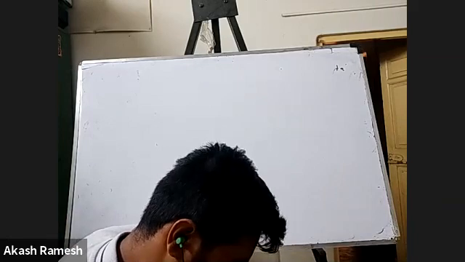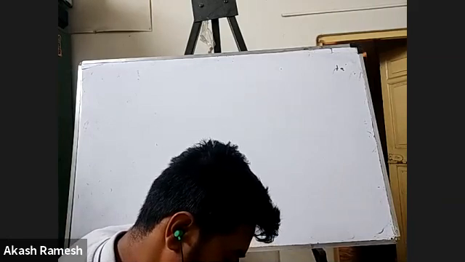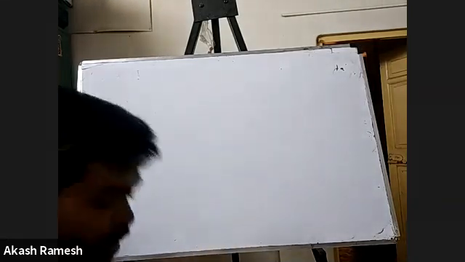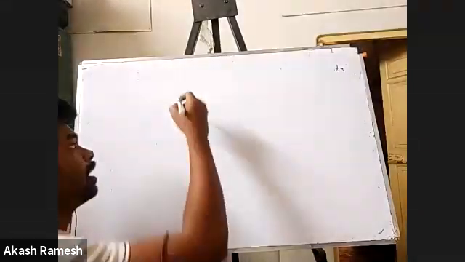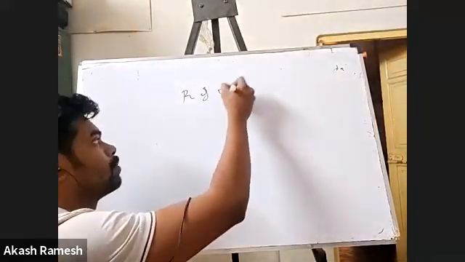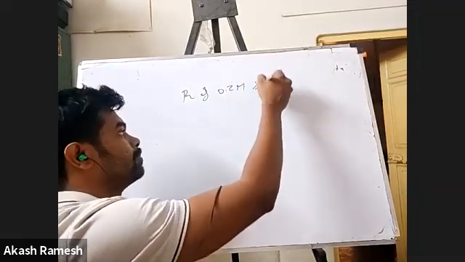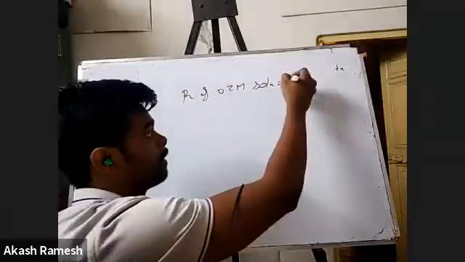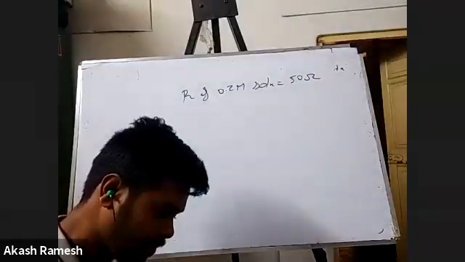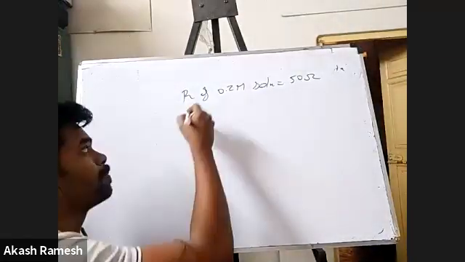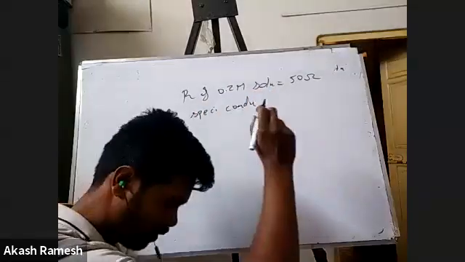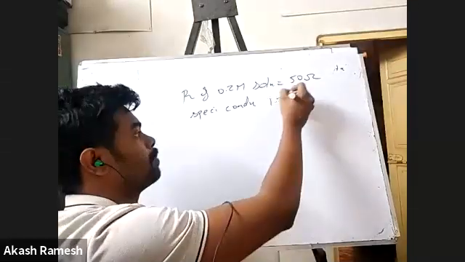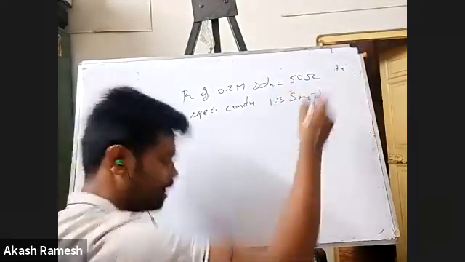Okay, take down the question. Or maybe I will write it in short. They're telling that the resistance of a 0.2 M solution is 50 ohms, and the specific conductance of this is 1.3 Siemens per meter.